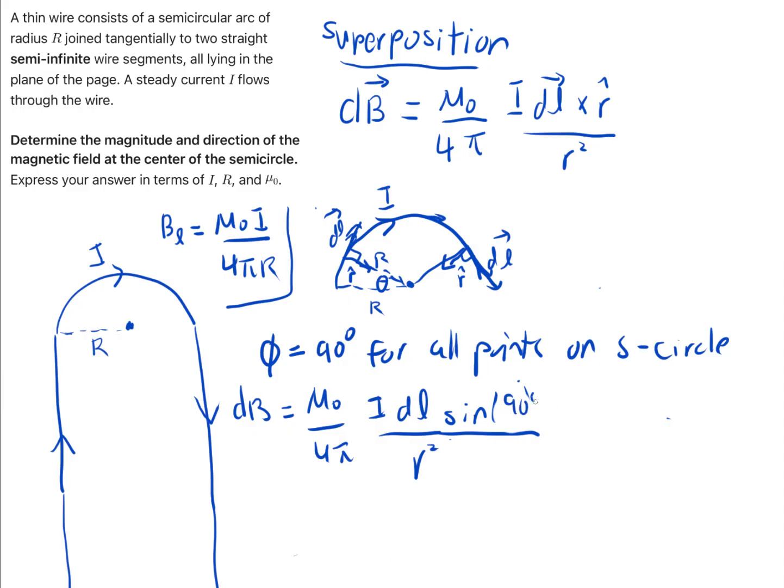And the sine of 90 degrees is always 1. So this term we can just ignore basically. And that makes it a lot simpler.